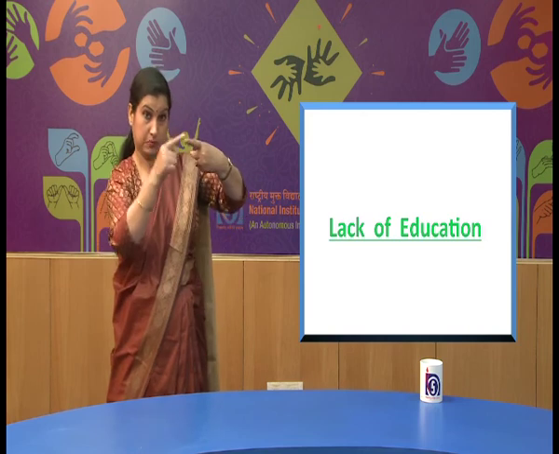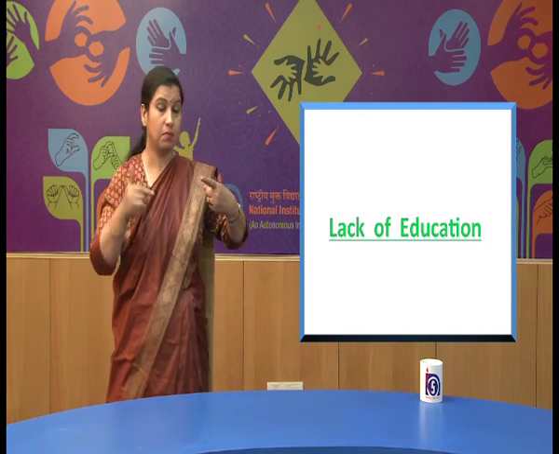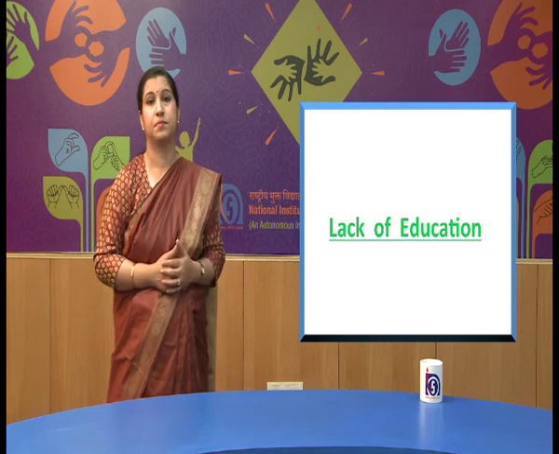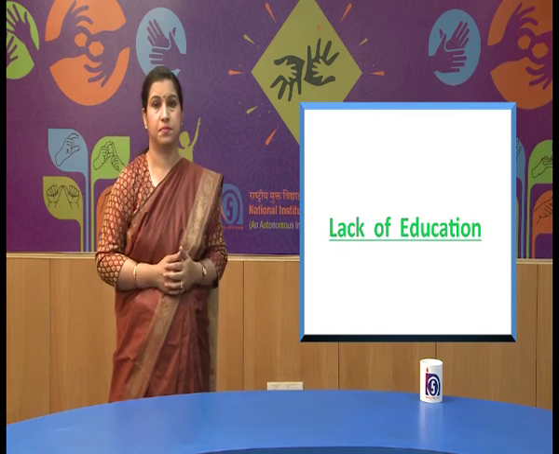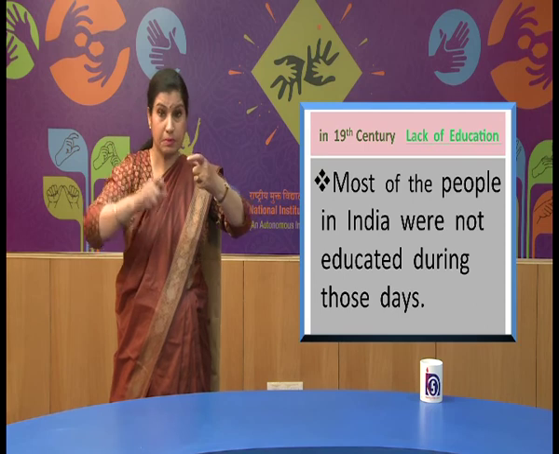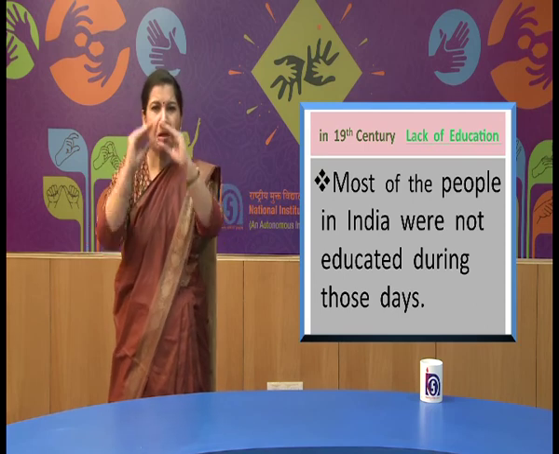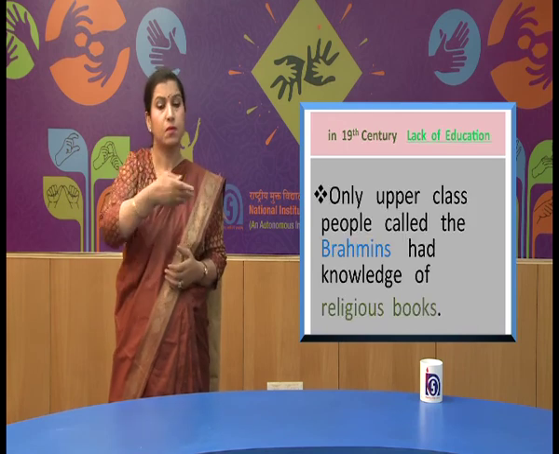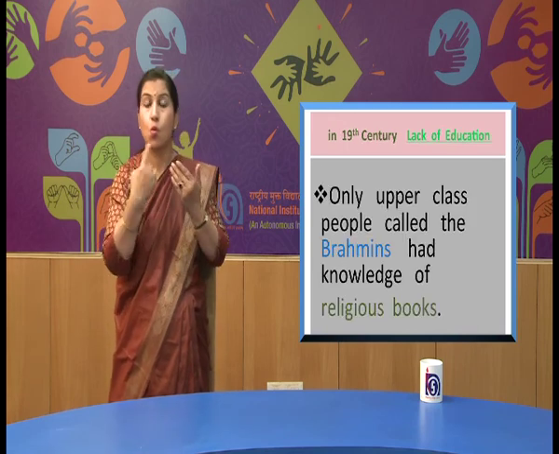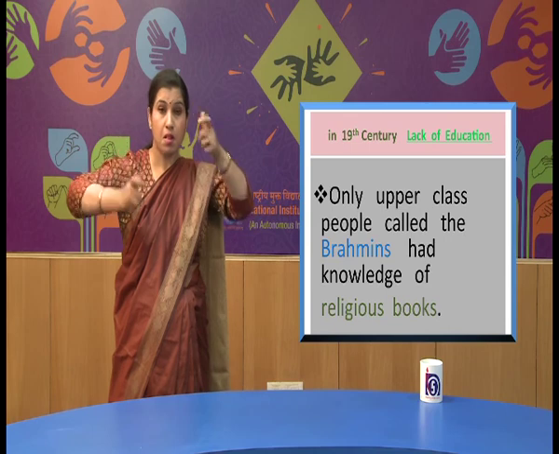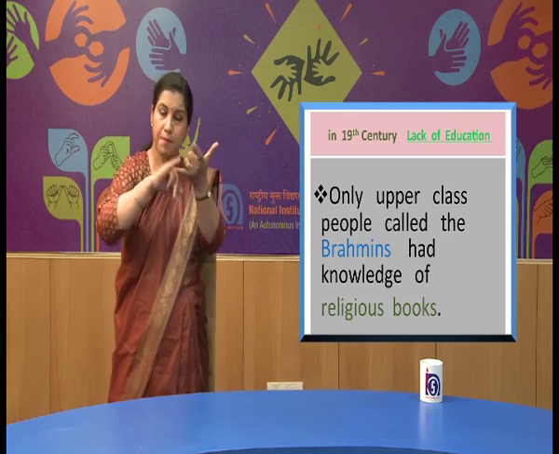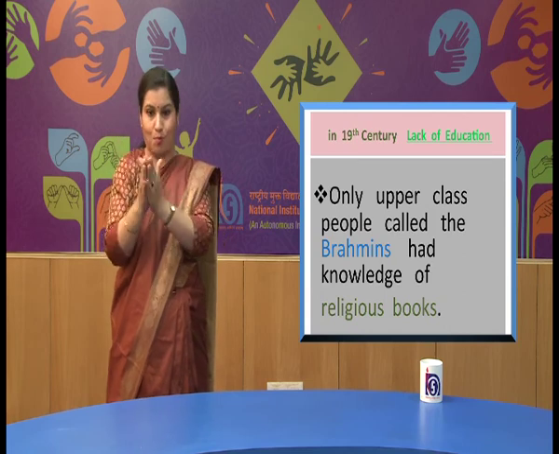The first problem which we came to know was lack of education. Most of the people in India were not educated during those days. Only upper class people, who were called Brahmins, had knowledge of religious literatures.